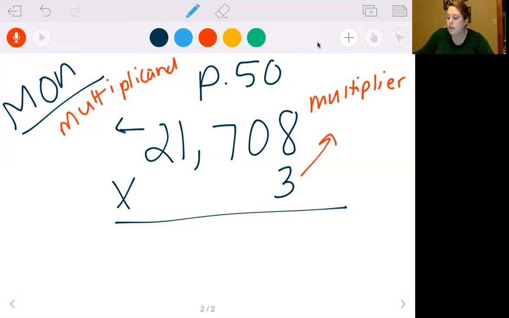And then our answer, of course, is the product. So we need to figure out our product. Our top number or our first number is our multiplicand. Our other number that we're multiplying by is the multiplier, and our answer is the product. Okay, so I'm going to erase these real quick so that I can have room to work. You can go ahead and pause this if you need to and write that down.